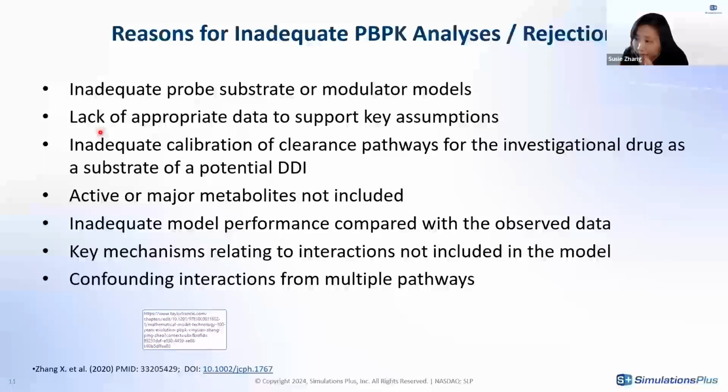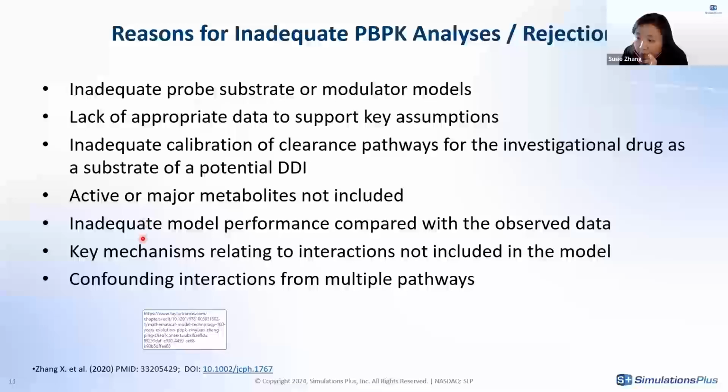It could also be inadequate calibration of the clearance pathway for the investigational drug as a substrate of a potential drug-drug interaction. This is important because if the clearance pathway calibration is inaccurate, that would potentially lead to inaccurate drug-drug interaction predictions. Another reason could be that an active or major metabolite is not included, which may impact the DDI or the safety and efficacy down the road. Again, if not included, justification should be provided.